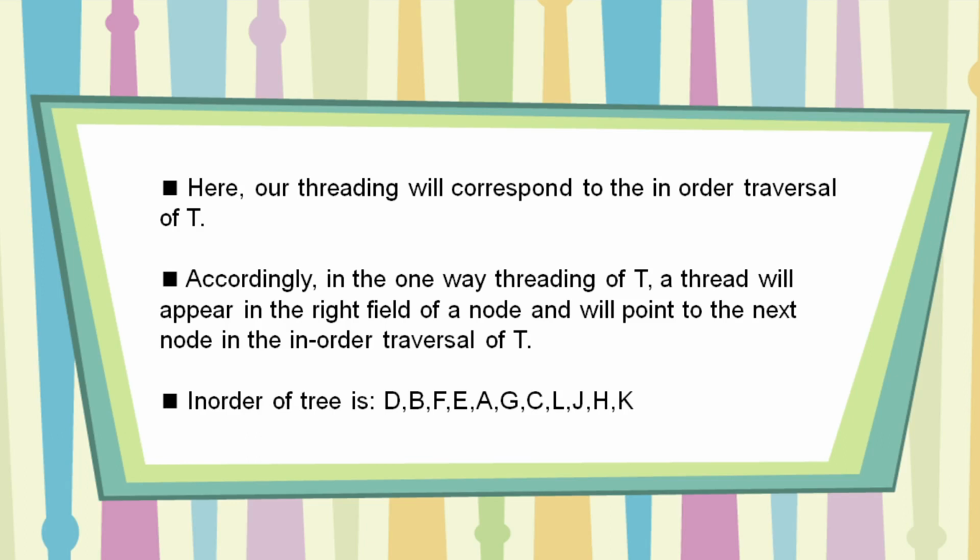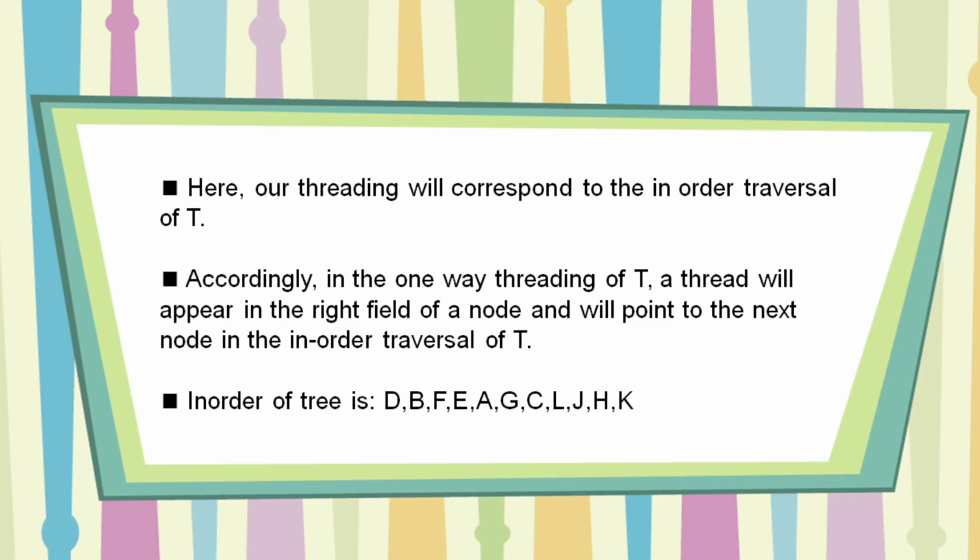A binary tree is threaded by making all right child pointers that would normally be null point to the in-order successor of the node if it exists, and all the left pointers that would normally be null point to the in-order predecessor of the node.